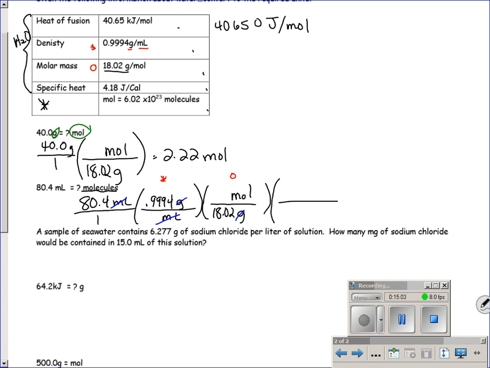So the only other measurement that we have that contains a molecule is this measurement here, which is called Avogadro's constant. 1 mole is equal to 6.02 times 10 to the 23rd molecules. So we go back to our conversion factor. We know that we want moles to cancel and molecules to stay. I'm going to need more space.